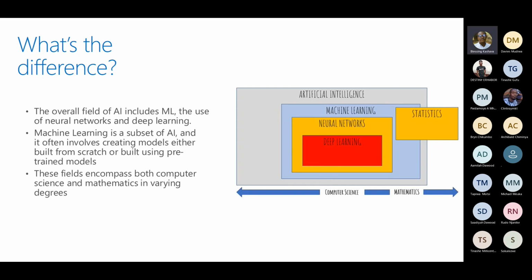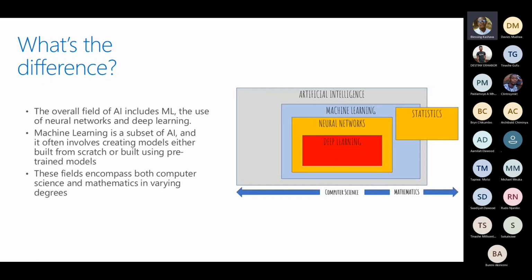Okay. As I was saying, artificial intelligence, machine learning, and deep learning can be used interchangeably by some people, but here's the difference. AI, like I mentioned, is anything and everything that enables a computer to make intelligent decisions as humans do.